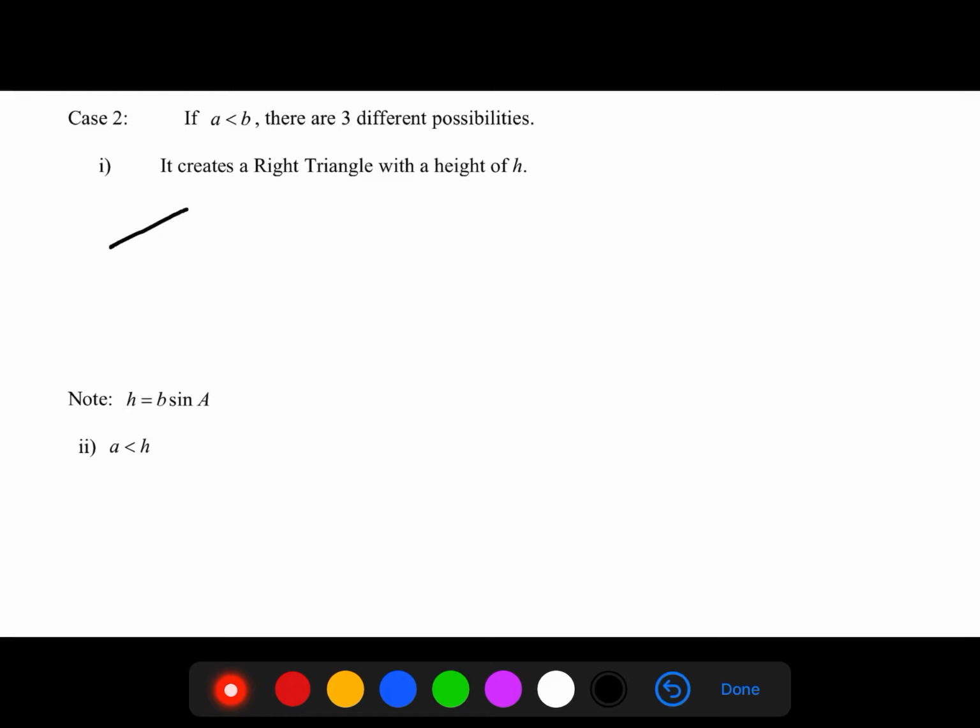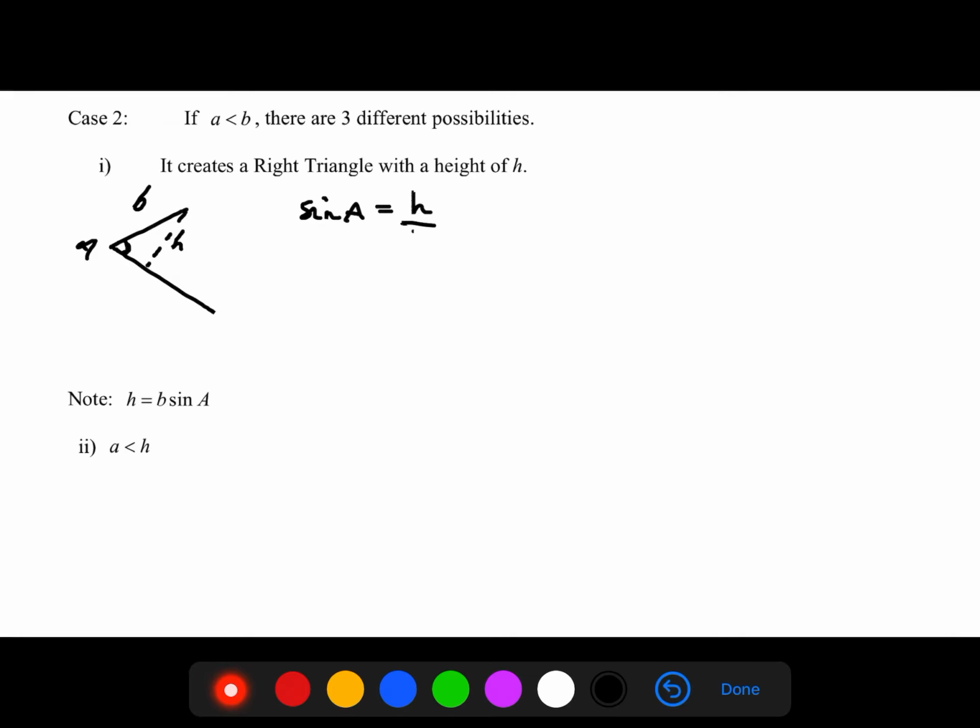If, though, a is less than b, so it's shorter than our given side b with angle A acute, we have three different outcomes. First of all, we want to compare it to the height.